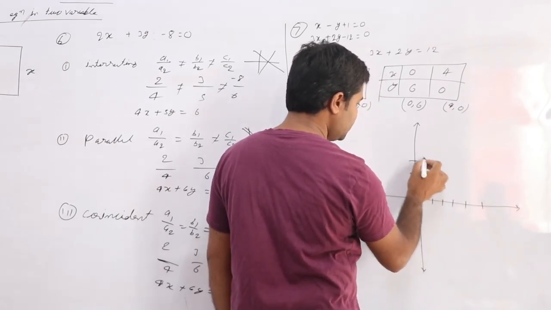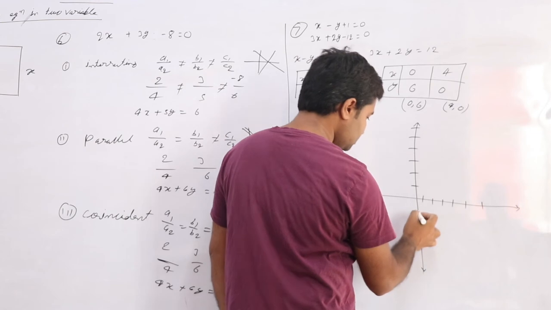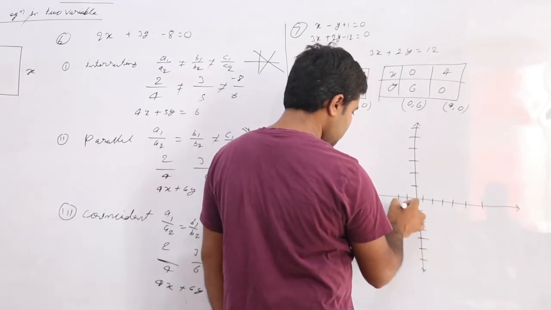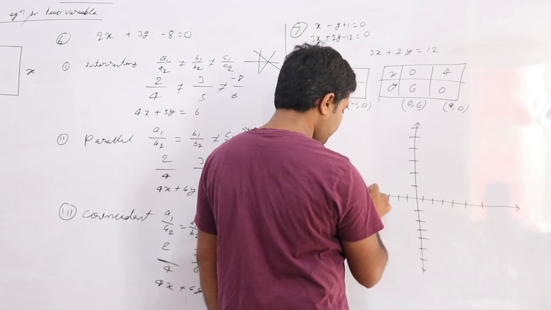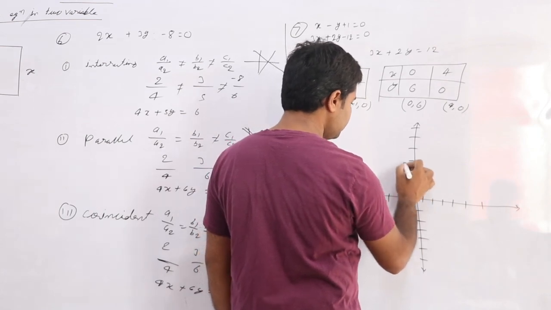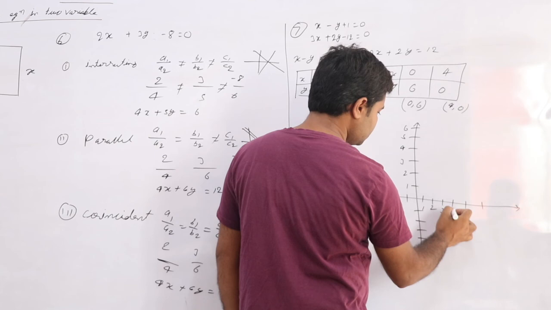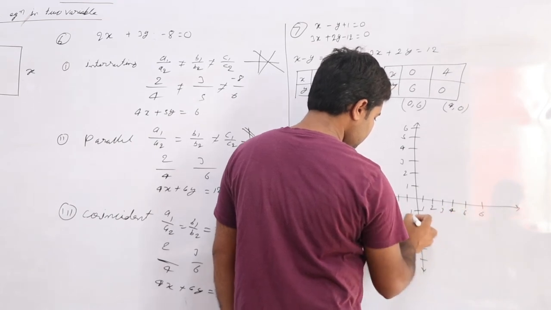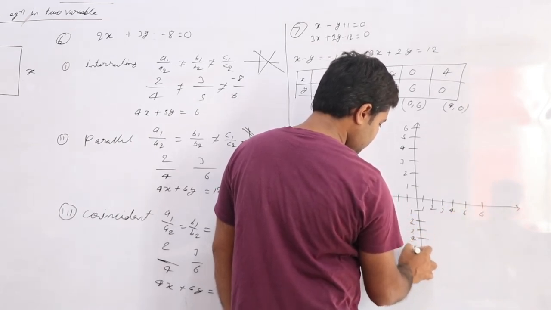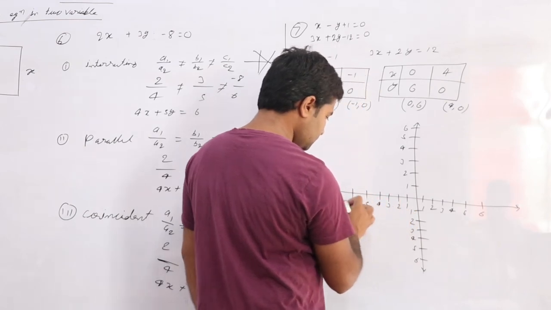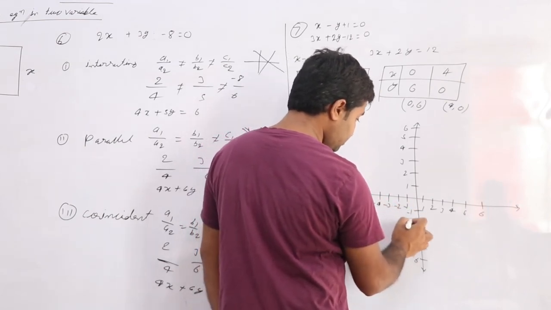1 2 3 4 5 6. Negative, negative, negative.